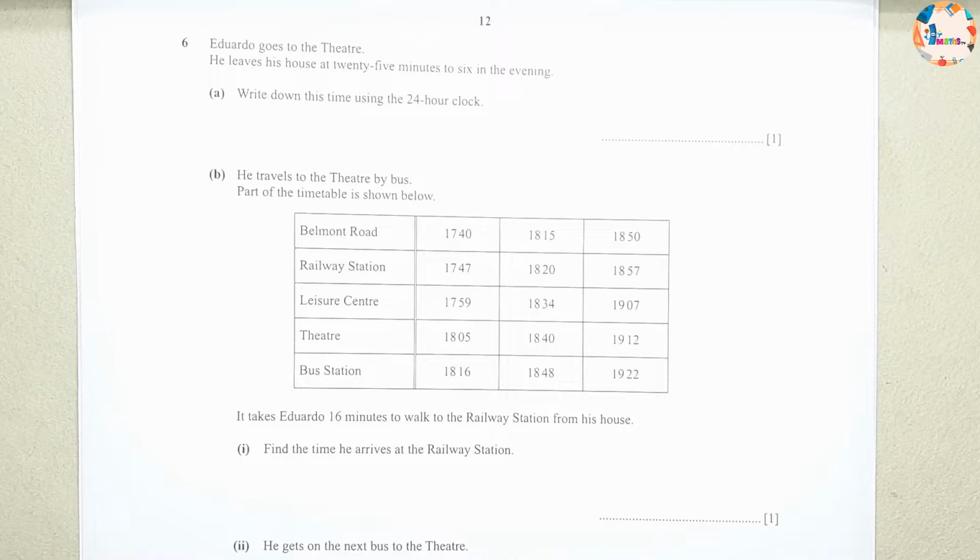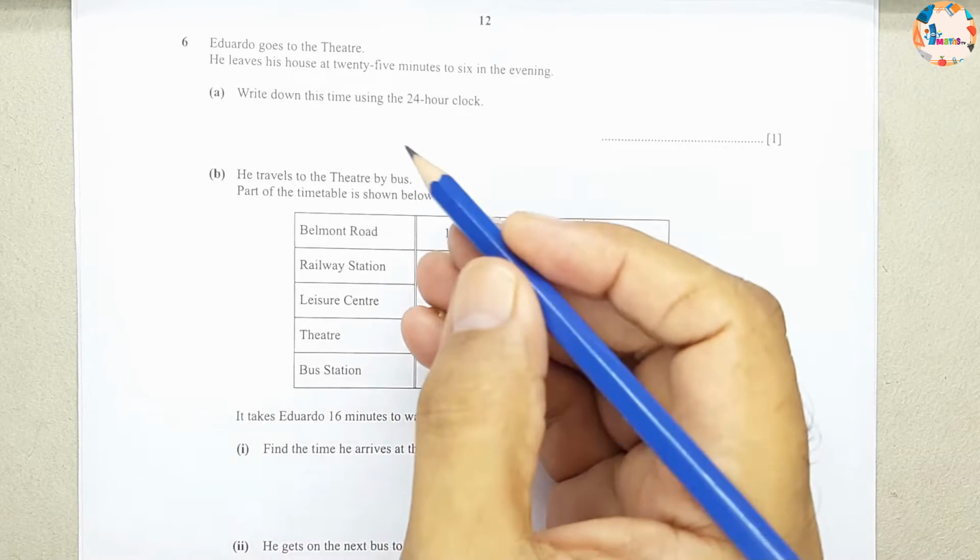Now this is question number 6. Eduardo goes to the theater and he leaves his house at 25 minutes to 6 in the evening.